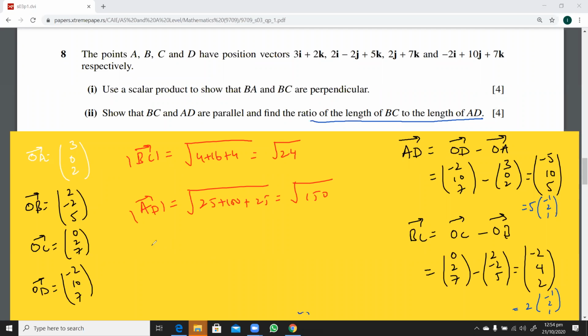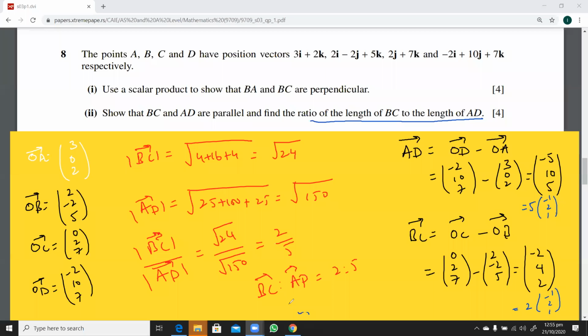Now, please quickly tell me, if you want to find this BC ratio AD, ratio is another name for the fraction, okay? So put this in your calculator and tell me what you get. You must get 2 over 5. So you can write that BC ratio AD is going to be 2 ratio 5. Can someone please check what BC ratio AD is from the calculator?